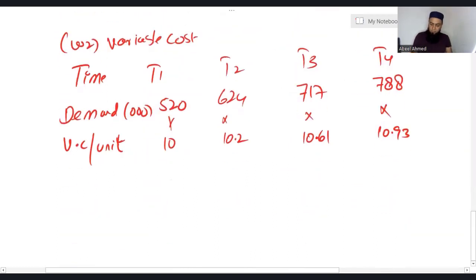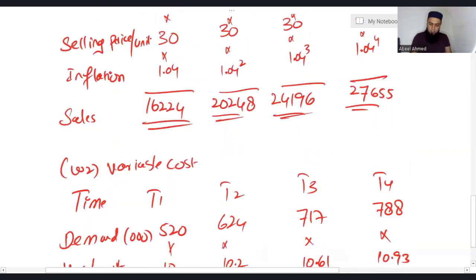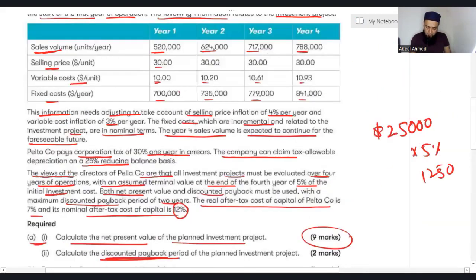What is the inflation rate? I think it is 3% per annum.